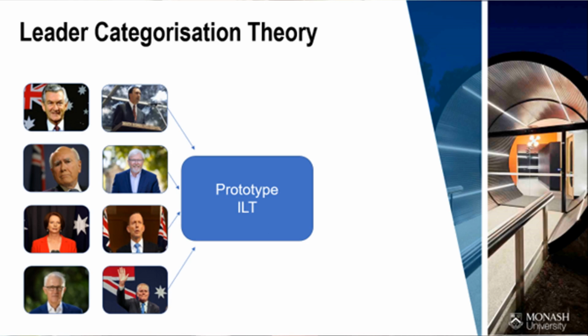We don't really know what they're like, their attributes. So based on demographic factors, you can clearly see that there is a pattern. We can group them together, summarize that largely Australian prime ministers have been of a similar race, mostly a similar gender, and largely around the same age.